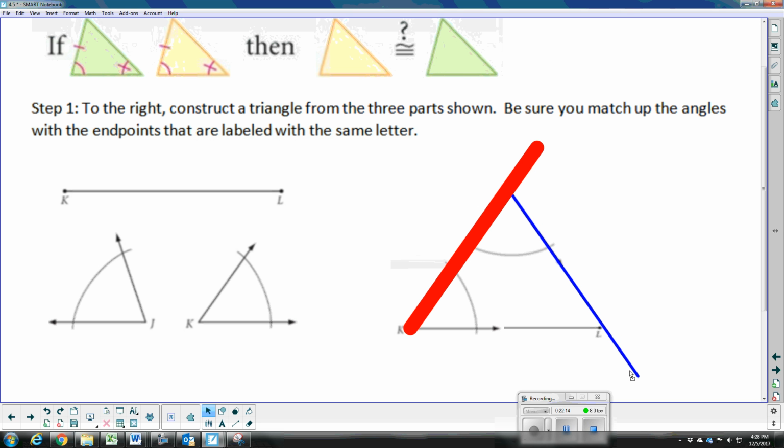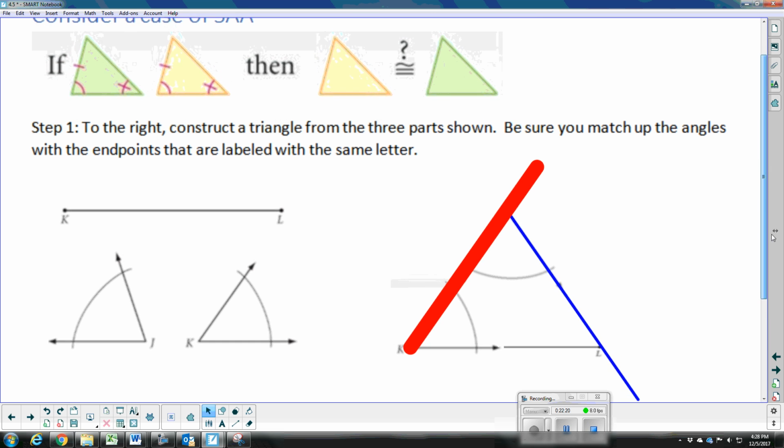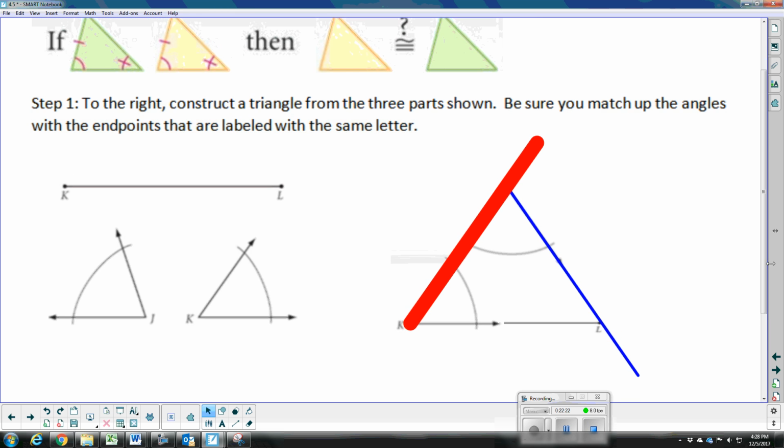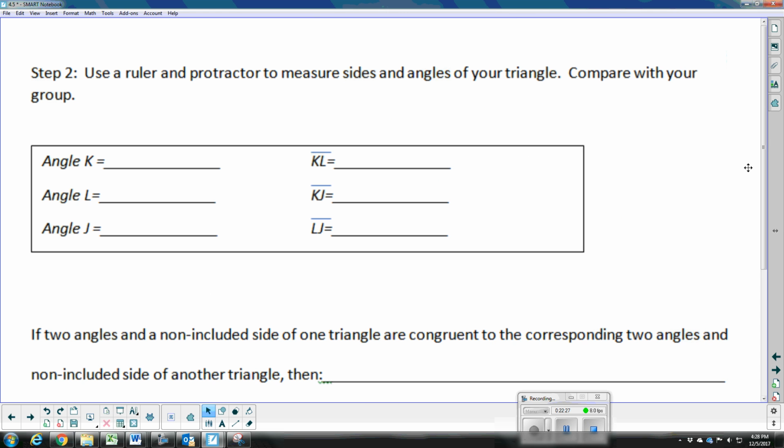So here, in this case, side, angle, angle, where you have two fixed angles and a non-included side, that is a congruent shortcut.